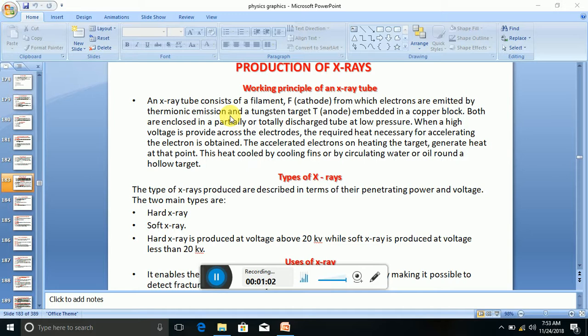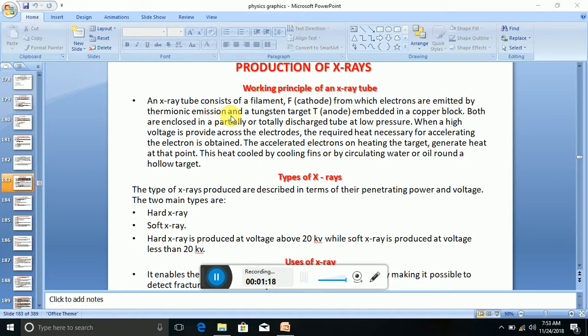Today we are going to be looking at one of the applications of the one caused by heat, and that is production of X-rays via thermionic emission.